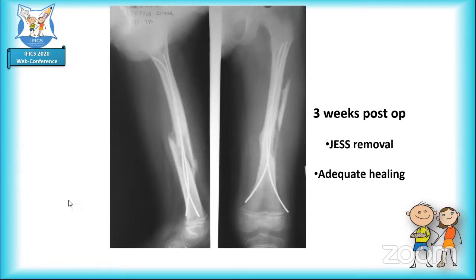But the disadvantage is that when you put an external fixator with a nail, the knee range of movement does take a little longer to come through. So you have to balance one side against the other. The combination of elastic nail with external fixator is cheaper than putting a plate. So these are different ways of managing the same fracture.